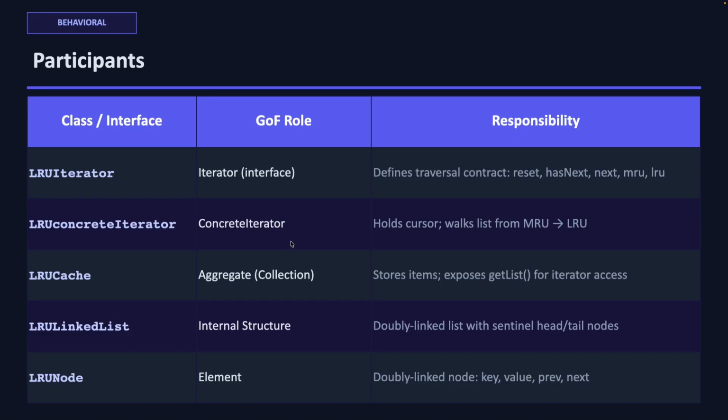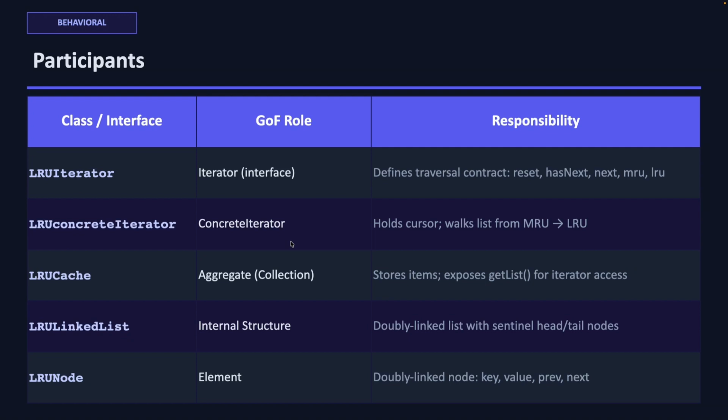The one underneath that, the cache, is the aggregate, the collection. This is the one that stores the items, and it just exposes getList for the iterator. That's how it can get a reference to the list, the head sentinel, without making the full list manipulation public. So it only has access to the beginning of the cache.